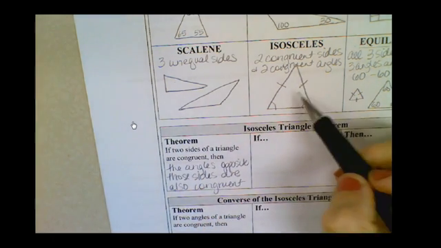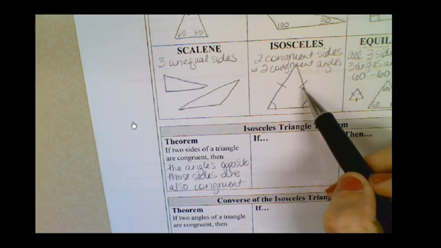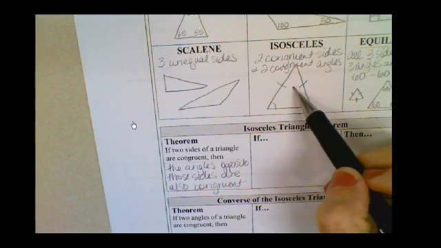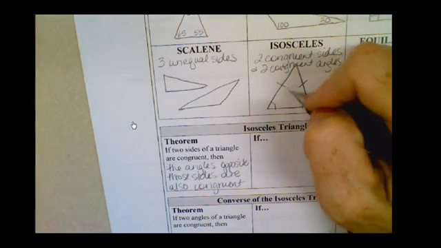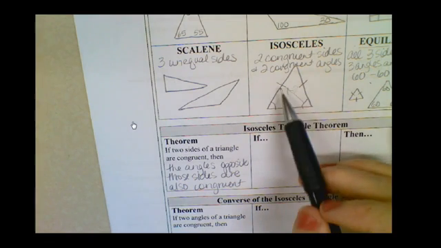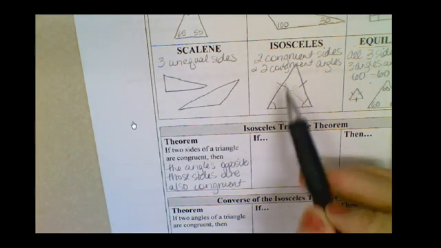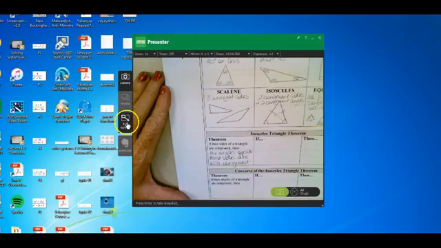Okay, so big thing with triangles are the sides are directly correlated to the angle that's directly across from them. Okay, so if these 2 sides are congruent, then the angles directly across from them will also be congruent.